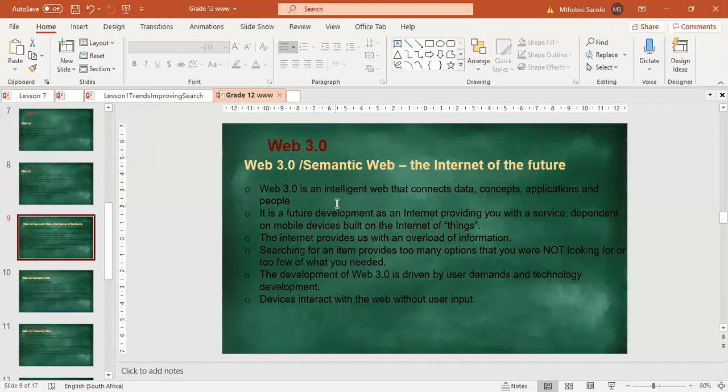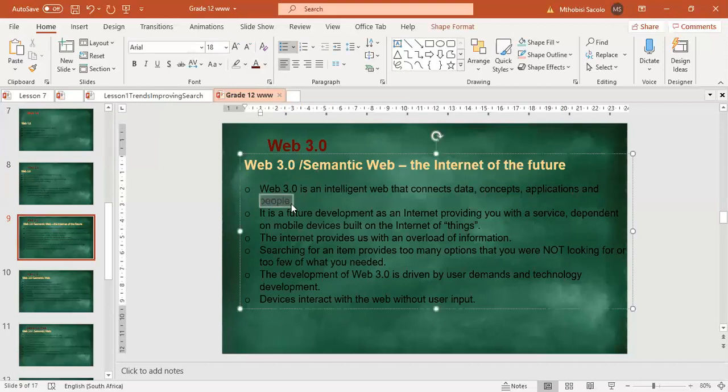So this is the most intelligent web there has ever been since the web has been developing from Web 1, Web 2, Web 3. So we have too many things that are connected here. It's data, it's concepts, it's applications, and also includes people. So it is a future development of the internet providing you with a service dependent on mobile devices built on the Internet of Things.